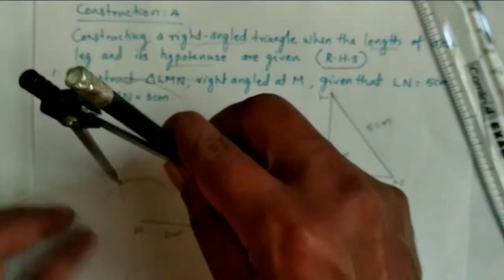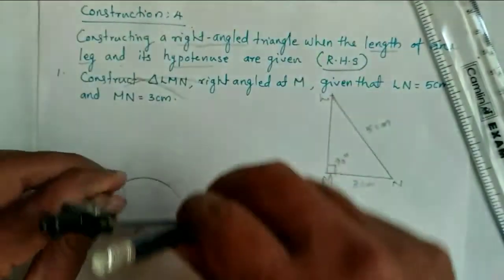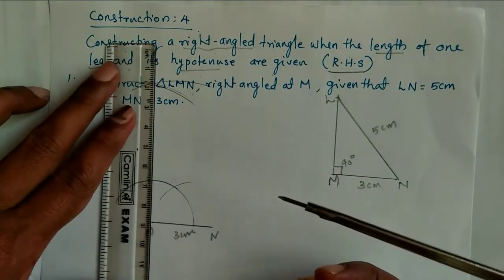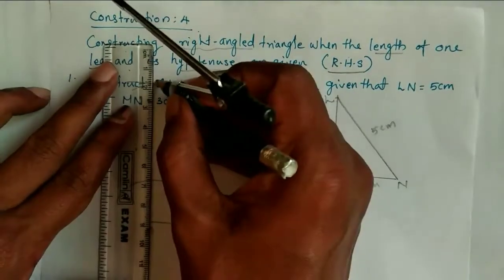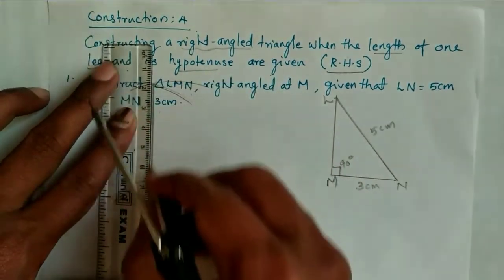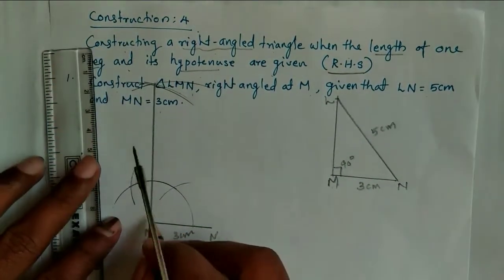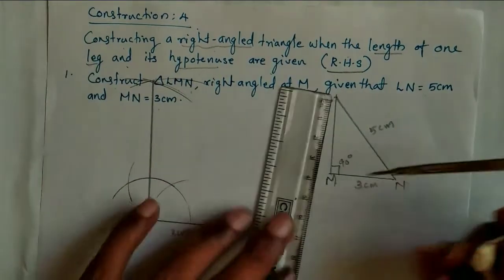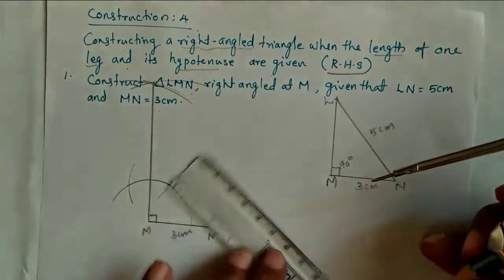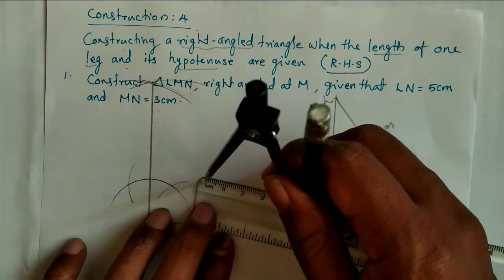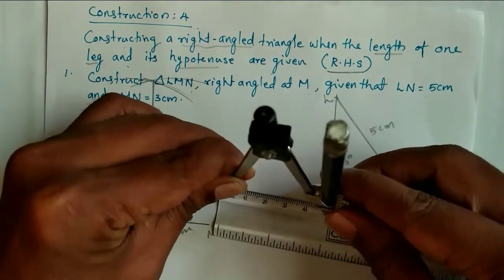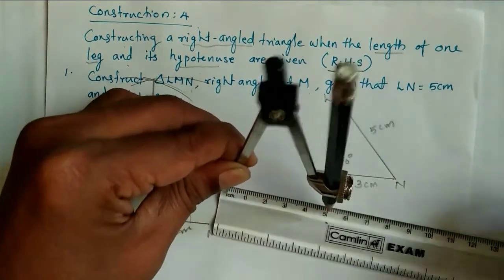So you will get an intersection point on the outside. From that intersection point draw a line to M, so you will get exactly 90 degrees at M. So this is the perpendicular line. Then already given 5 centimeter hypotenuse, so measure 5 centimeter in your compass, that is LN.